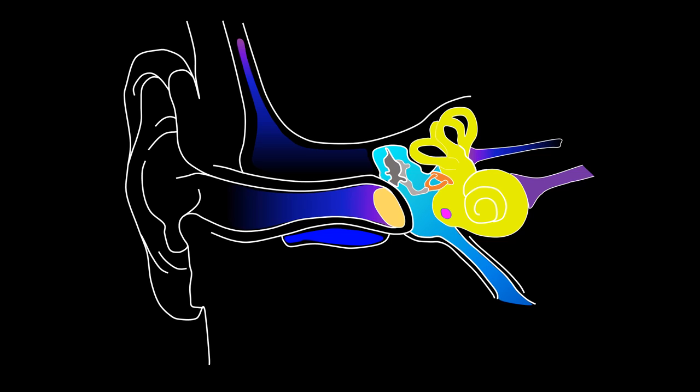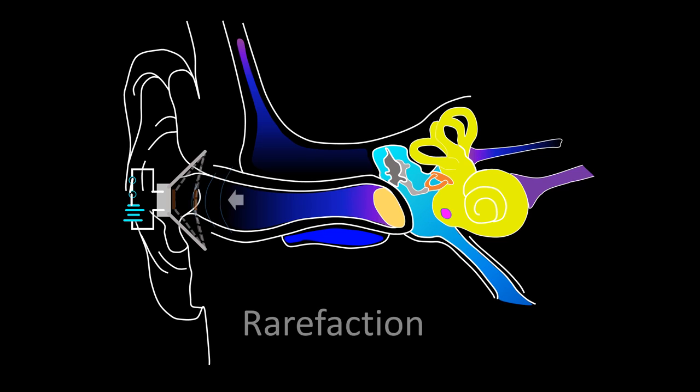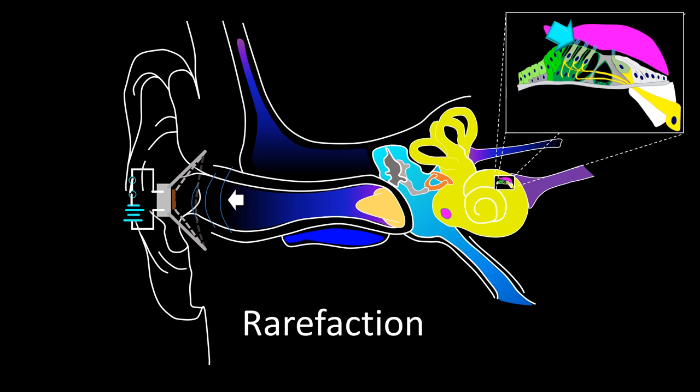At the level of the ear, a loudspeaker set for rarefaction upon activation will suck the air into the loudspeaker, displacing the tympanic membrane towards the loudspeaker. So at the level of the organ of Corti, the hair cells will move in such a way that depolarization will be triggered.